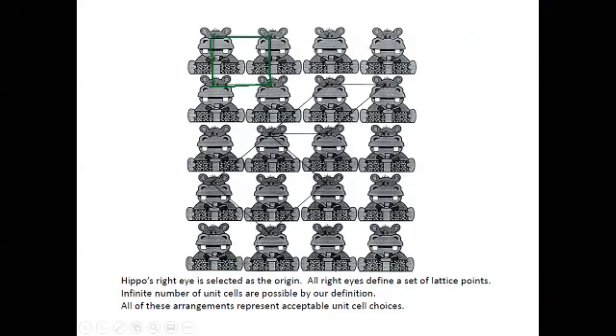And so if we connect them like this, it could be a unit cell, because if we go to the left and do the same thing, we get the exact same thing as we did with the green box. So that is a valid set of lattice points that make up the unit cell.